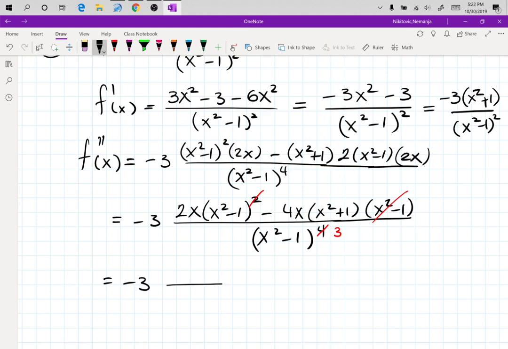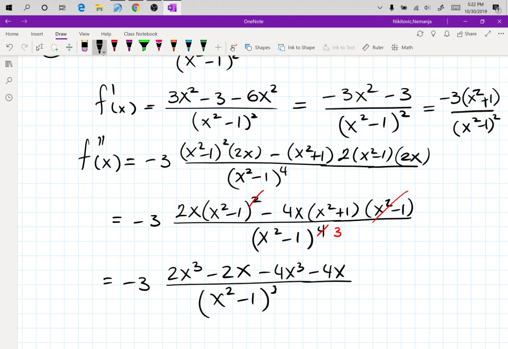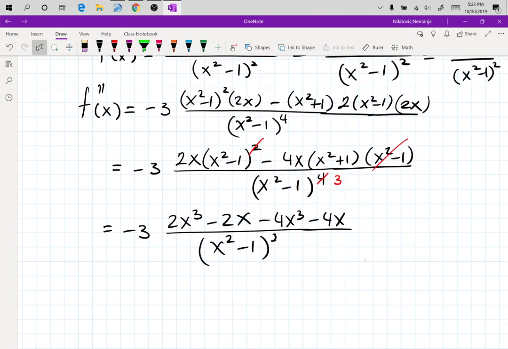Negative 3 times 2x cubed minus 2x minus 4x cubed minus 4x divided by the denominator that we don't care about, because when you set equal to 0, it's, well, actually you need it for the test.